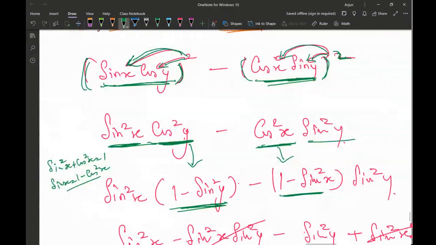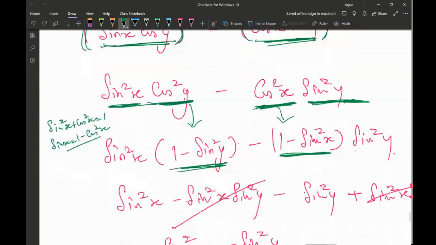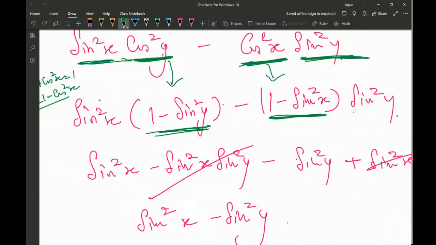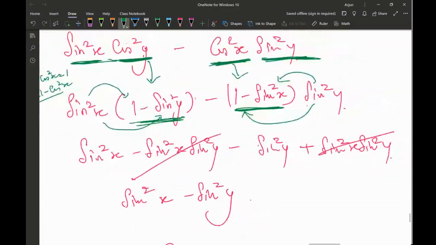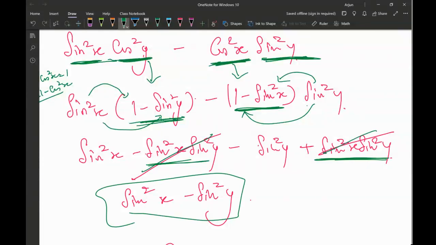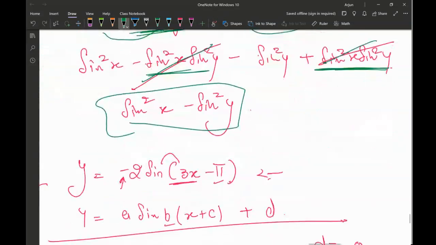So I will not touch the sine square y. I will change the cos square x. Now I'm going to open the bracket by distributing these terms. This becomes sine square y, and this becomes sine square x times sine square y. Then these two are like terms with opposite signs, so they cancel out, and I'm left with sine square x minus sine square y.